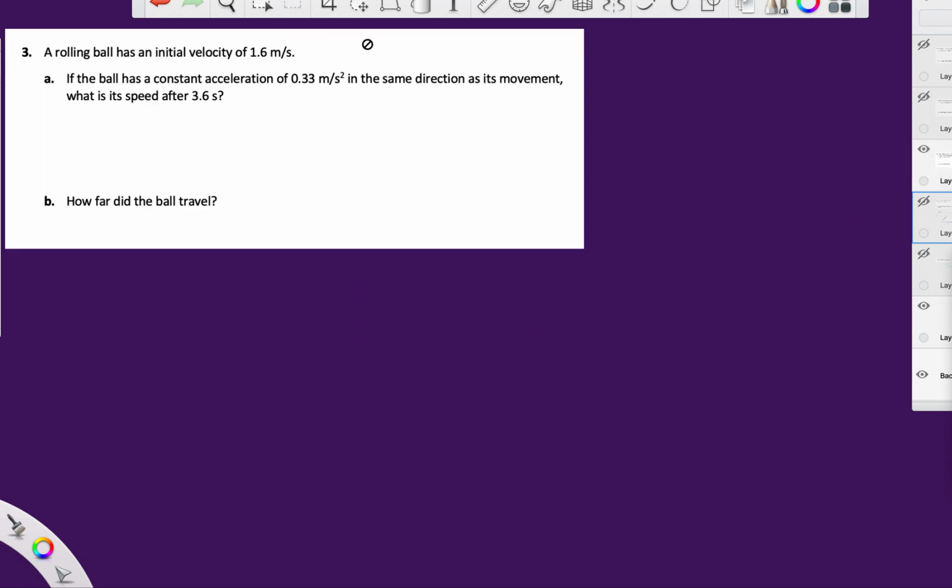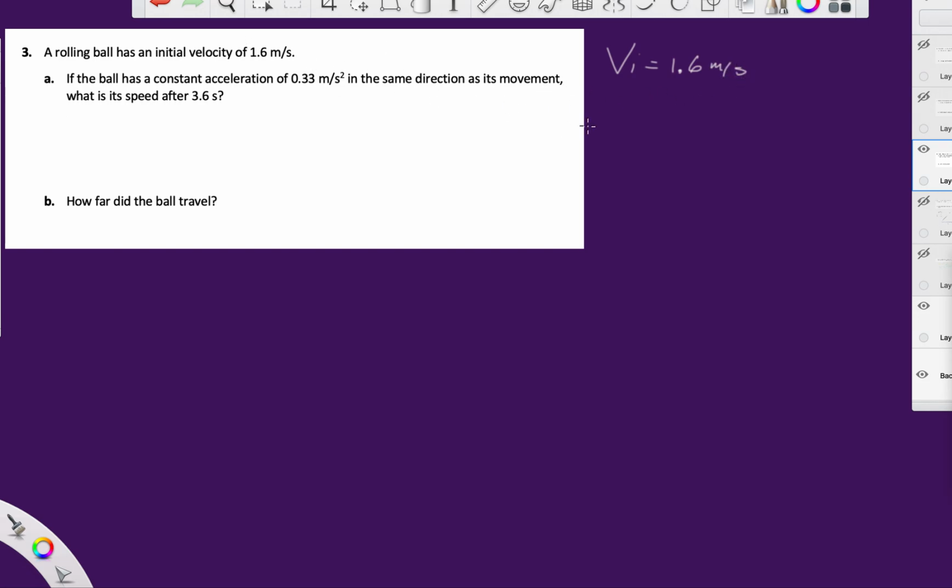A ball has an initial velocity of 1.6 meters a second. It has an acceleration of 33 100ths meters a second squared in the same direction. And what is its speed after 3.6 seconds? So what do I have? I have an initial velocity, that initial velocity is 1.6 meters a second.